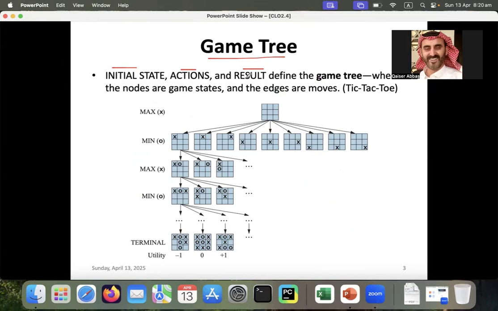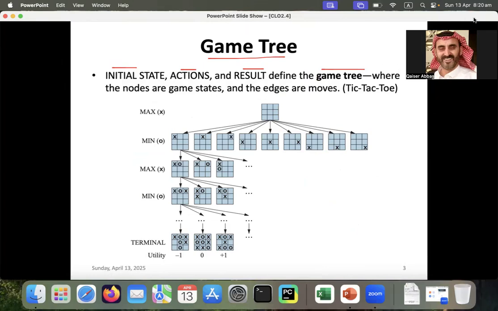So these 3 things are necessary to design the game tree for any game. And if you define the game tree, then for example, all the blocks with the cells are nodes, and all these arrows, the links, represent moves. So nodes are game states and edges are moves.